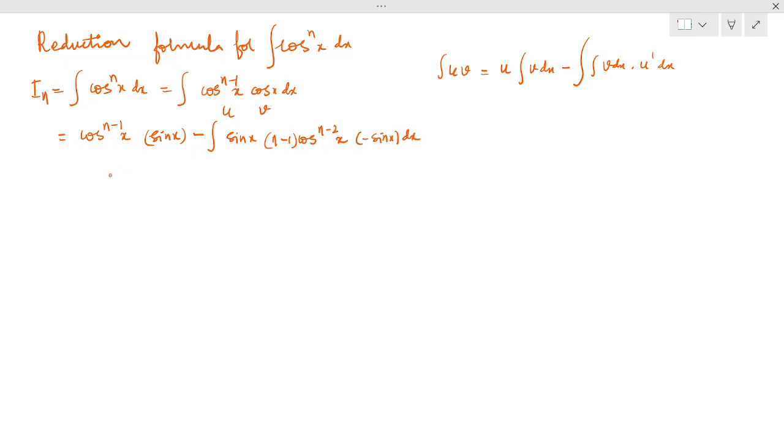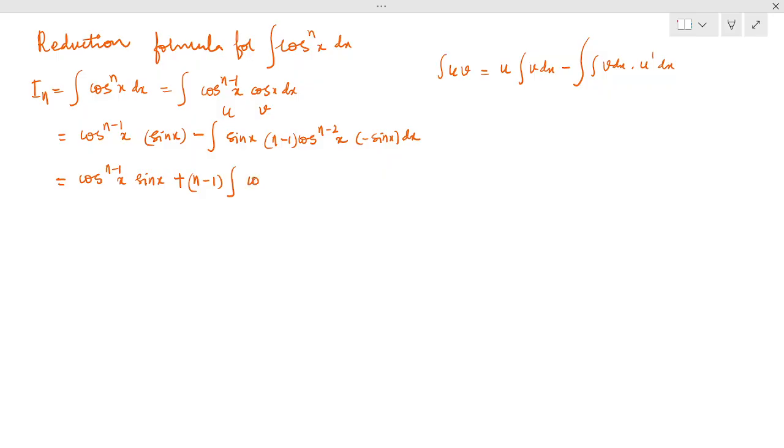I am applying the chain rule here. So this is equal to cos raised to n minus 1 x into sin x. This minus becomes plus.